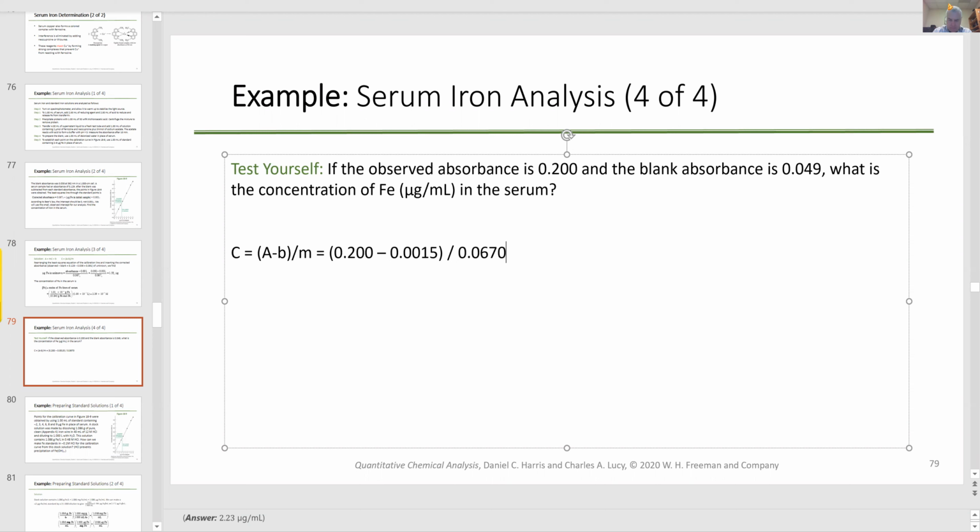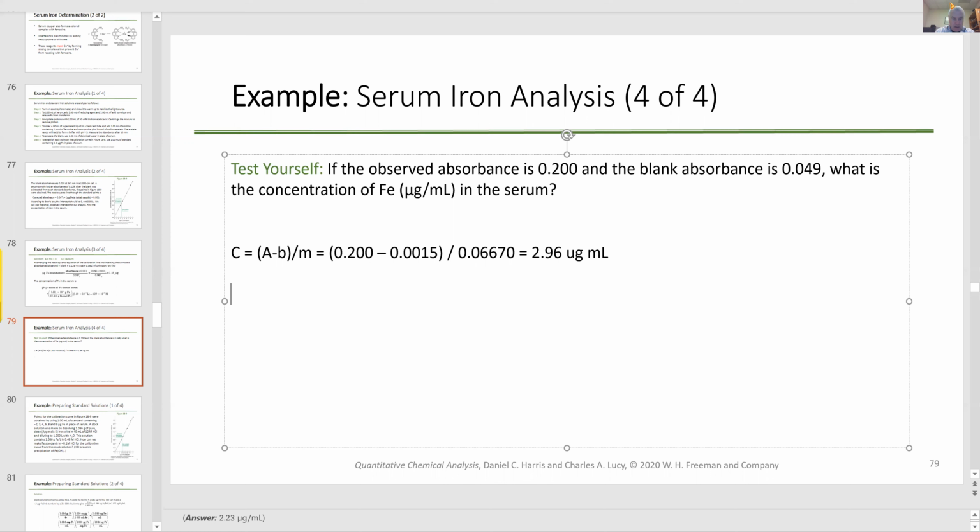And this is going to be equal to 2.96 micrograms per ml.